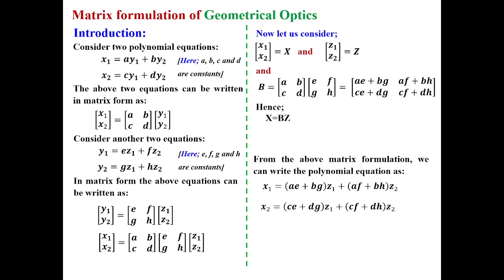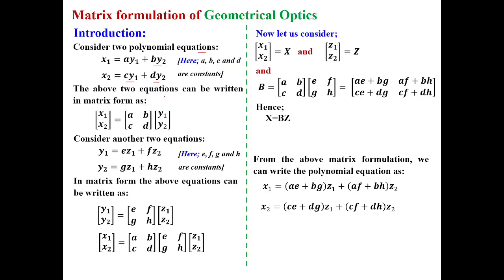To understand the matrix formulation of geometrical optics, first consider two polynomial equations: x1 equals a y1 plus b y2, and x2 equals c y1 plus d y2. Here a, b, c, d are constants.